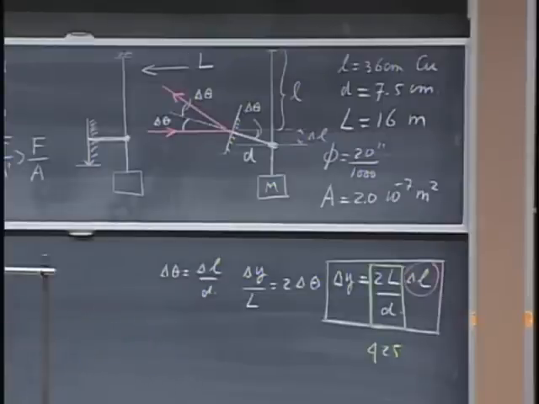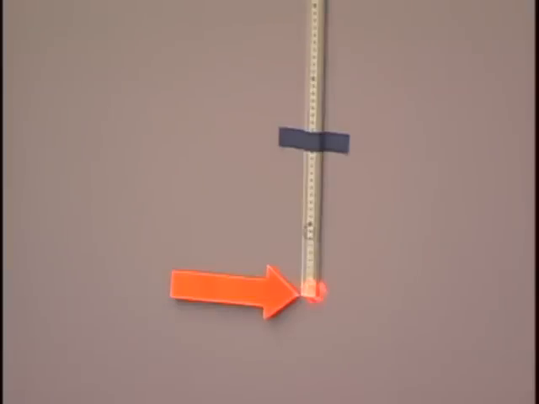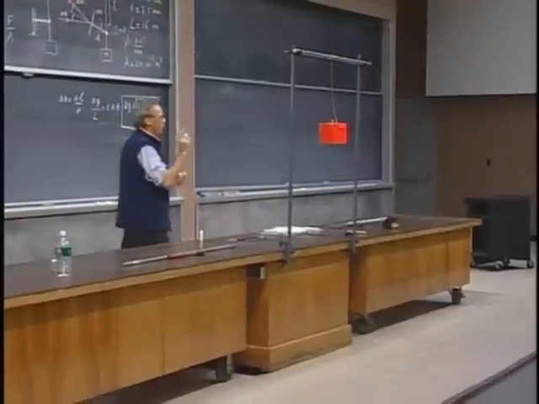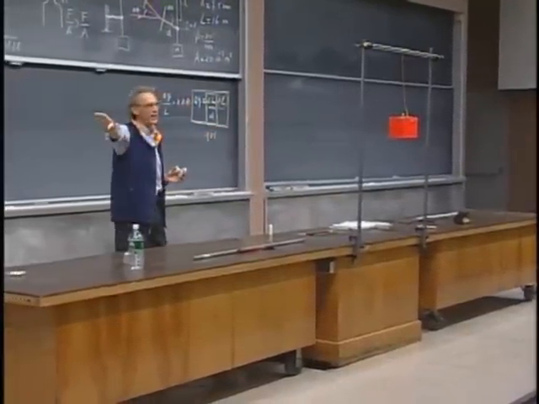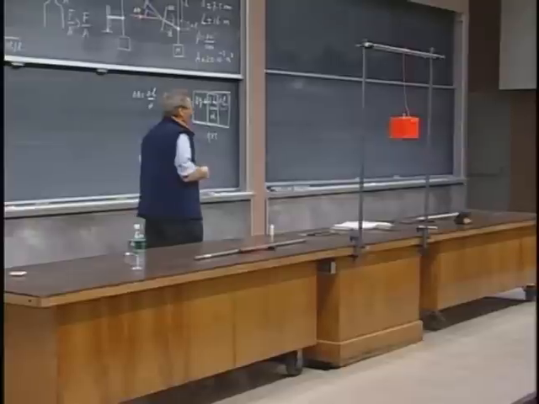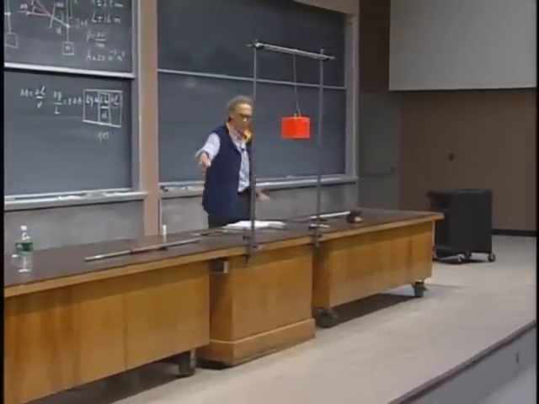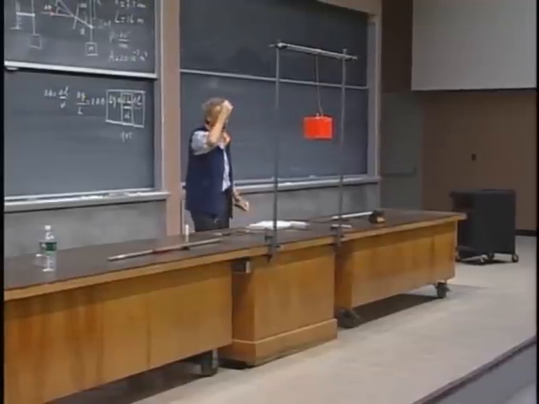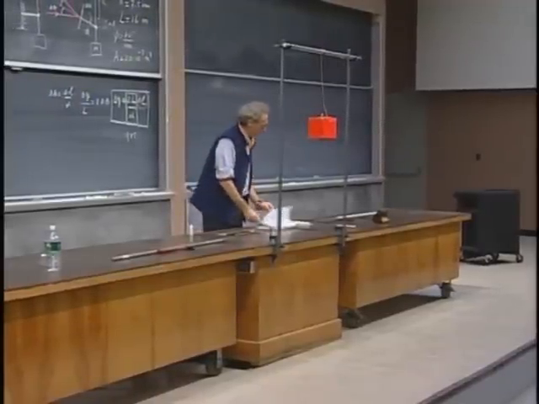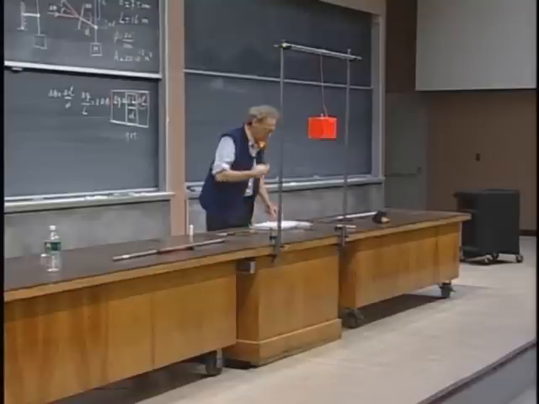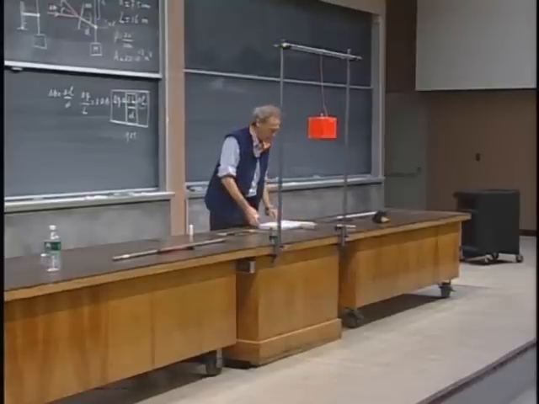So if we see a displacement of that laser beam on the wall of 40 centimeters, which is easy to see, it means that the wire got longer by only 1 millimeter. If we would see that laser beam go up 4 meters, it would mean that the wire would only have become 1 centimeter longer. So it is a wonderful way to magnify the effect and to measure it.